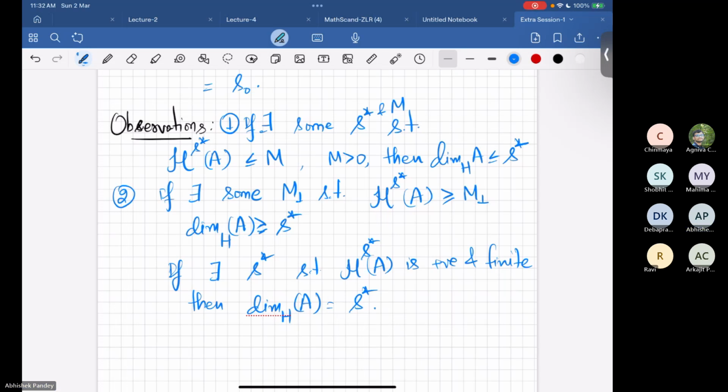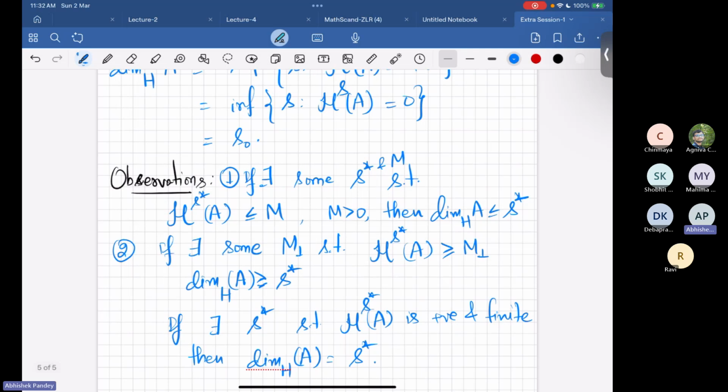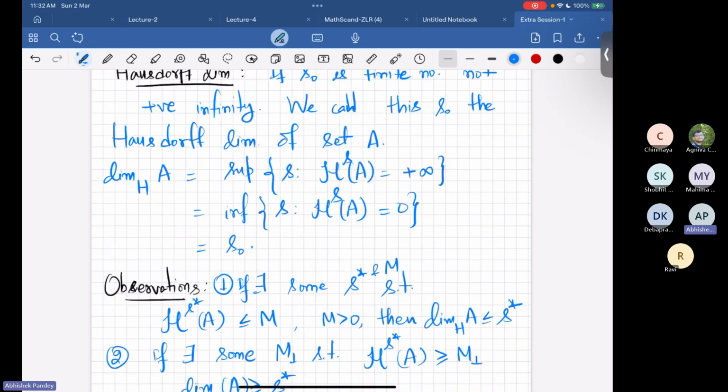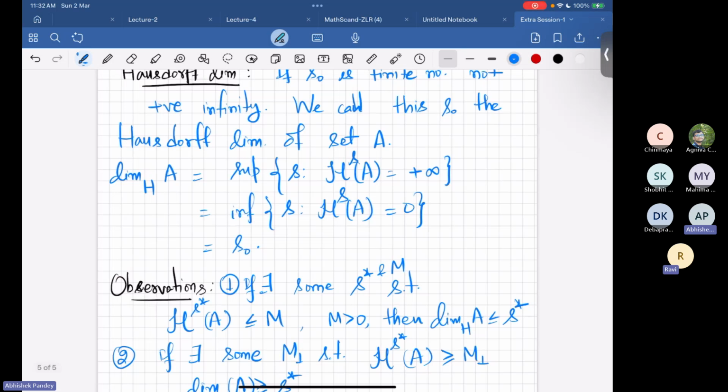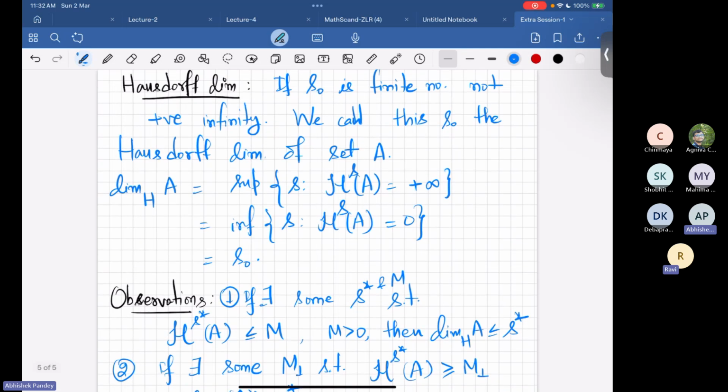Yes, Ravi, what was your question? Whether S naught can be infinity? Is there an example where S naught is infinite? S naught means the Hausdorff dimension is infinite. Basically, I'm defining S naught so that it is not positive infinity.